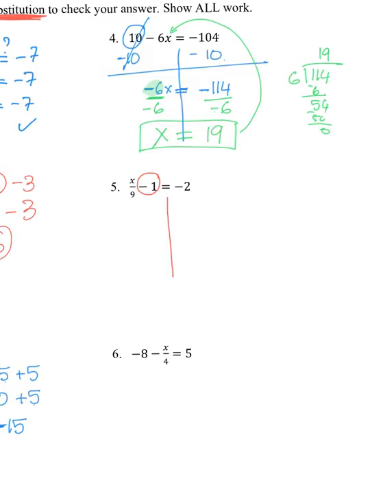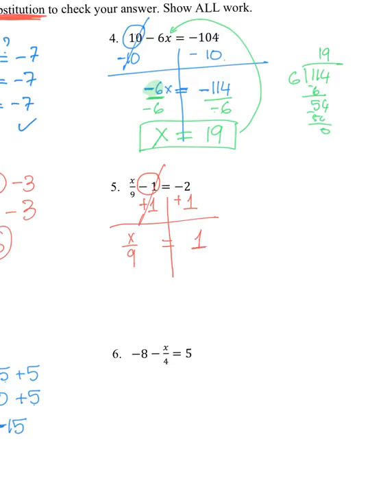So inverse of subtraction is addition. Whatever I do to the left, I do it to the right. So whatever you don't use, you put it down. Minus 1 and plus 1 is 0. Negative 2 add 1. Same sign add and keep, different sign subtract. 2 minus 1 is 1.